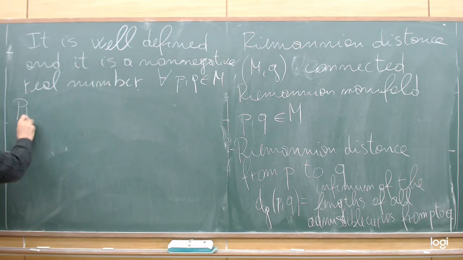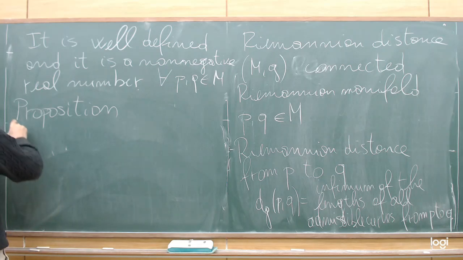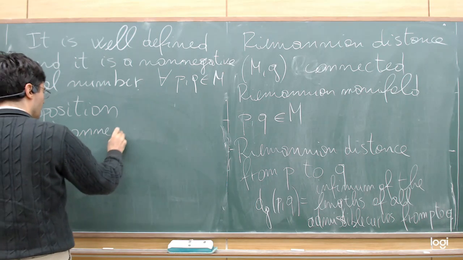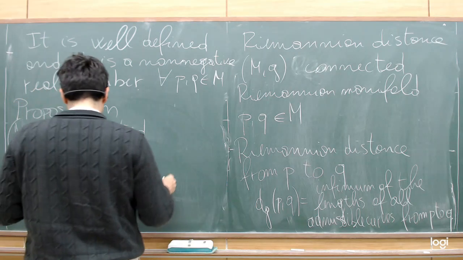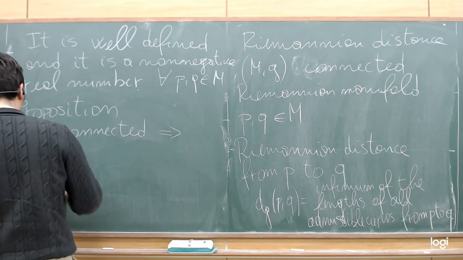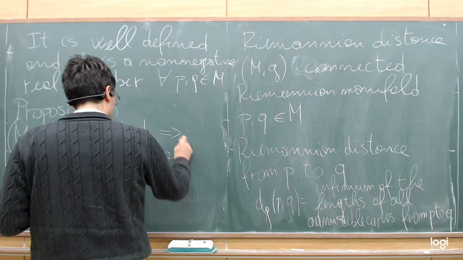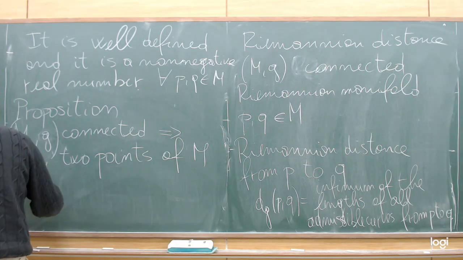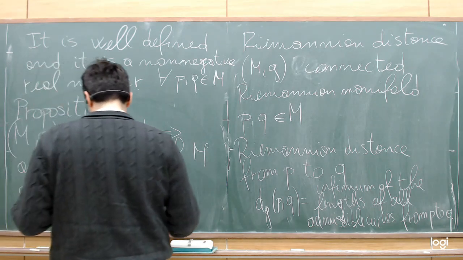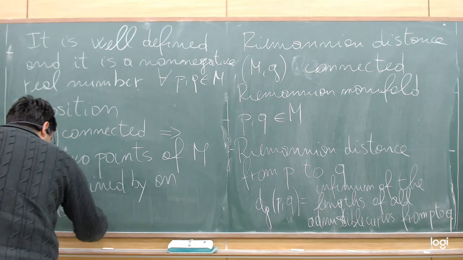Precisely, this proposition says that if (M, g) is connected, then any two points of M can be joined by an admissible curve.